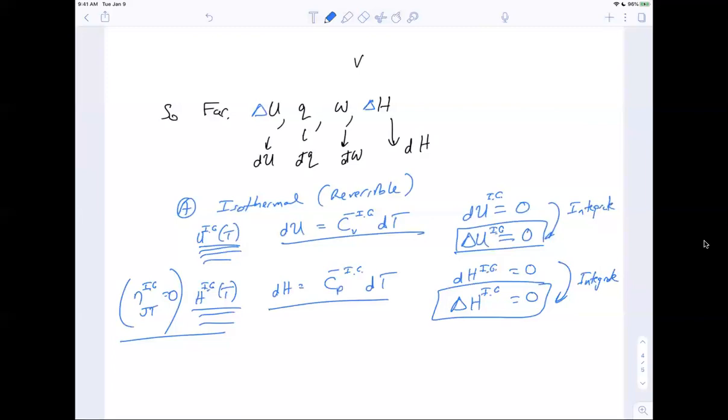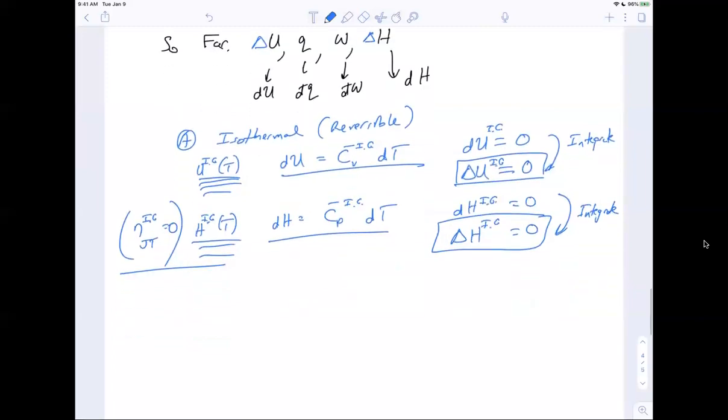Okay. So now we can address Q and W, okay, for this process. So we know that dU is 0, which means that dq plus dw is going to be 0. And so then dq is equal to minus dw for this process.